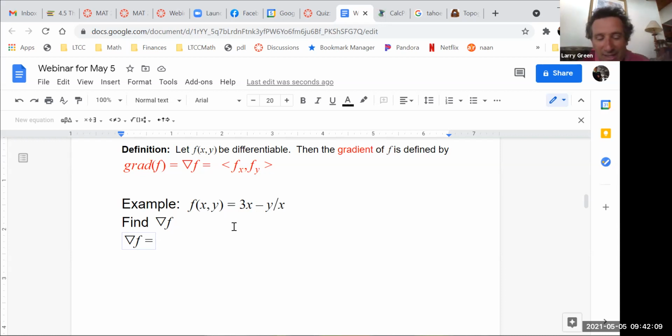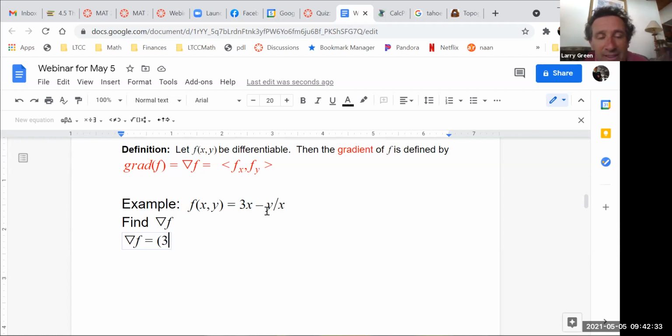So let me do it, even though most of you hopefully are getting it anyway. I'm gonna do it in another notation just to remind you that there's different notations. So first I find the derivative with respect to x. Derivative of 3x with respect to x is 3. And the derivative of y over x with respect to x, y is a constant.